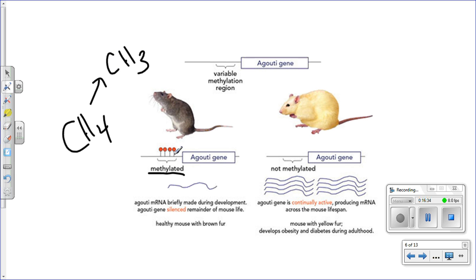But those methyl groups will cause certain areas of the gene to actually not be turned on. So it actually silences, like it says here, the agouti gene. If they were not fed methylation, these are exactly identical twin mice, you not only saw a coat color change, but also an obesity factor increase.